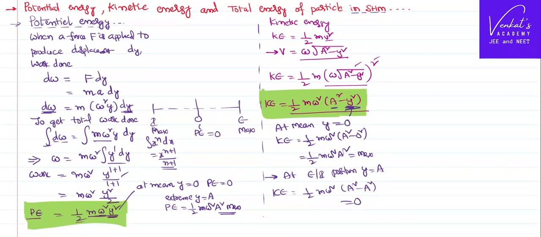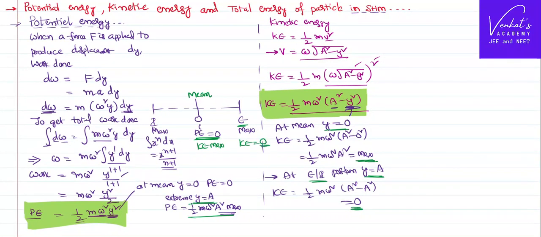So what is noticed here is that at the mean position, potential energy is zero, but kinetic energy is maximum. At the extreme position, potential energy is maximum, but kinetic energy is zero.